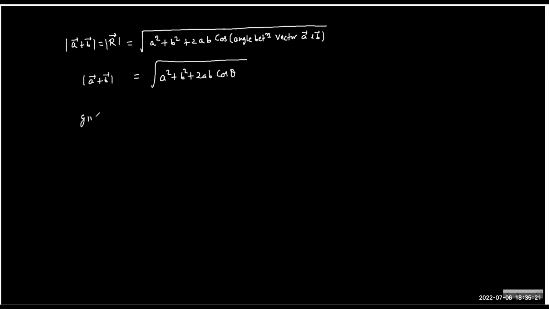So given the angle theta, if given angle theta represents the angle between A and B, then find the modulus of A minus B. So what is given to you?